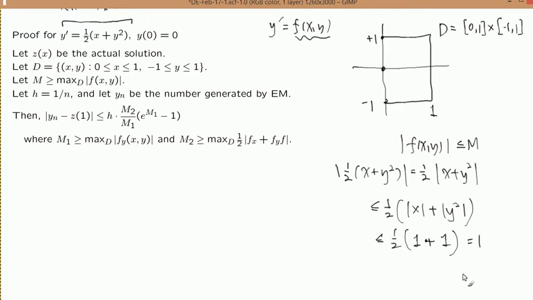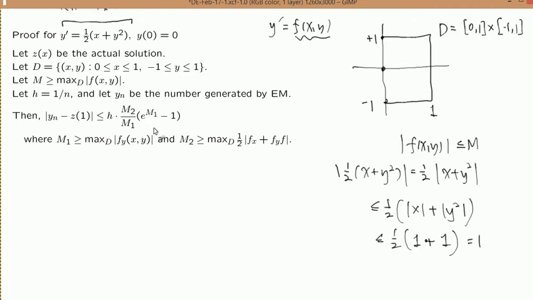All right? So it's kind of controlled. That f of x, y shows up a lot in our calculation. It never grows bigger than 1 if you're staying in this box. So that's one of the reasons why we care about this. If this is really difficult to calculate, any number that is greater than this maximum value will work, any number that bounds it.